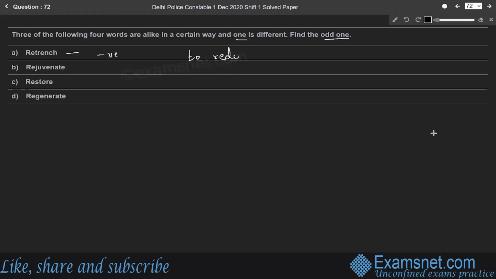Whereas the other three words, rejuvenate, restore, and regenerate, have positive connotations, meaning revive or regrow, related to genesis. Right. So retrench is the odd one. Hence option A.